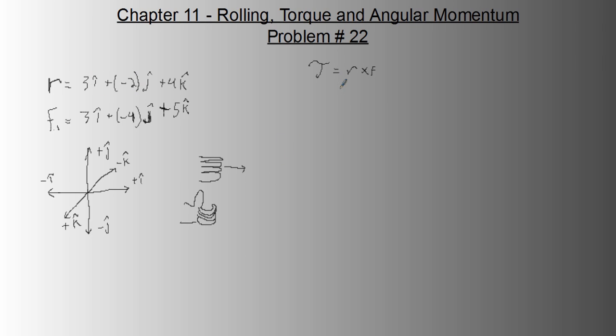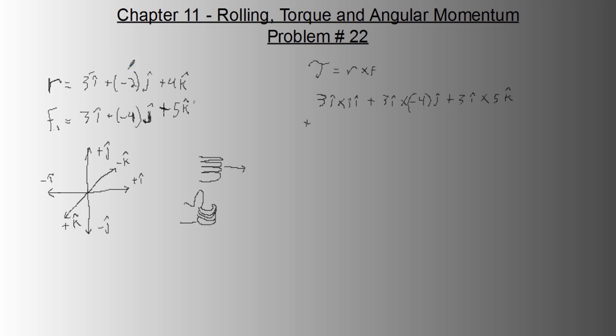So first off, R cross F. I'm going to start with this R component and cross with all three of these. So we got 3i crossed with 3i, plus 3i crossed with negative 4j, plus 3i crossed with 5k. Now I'm going to do the j's with all three and then the k's with all three, on a separate line.